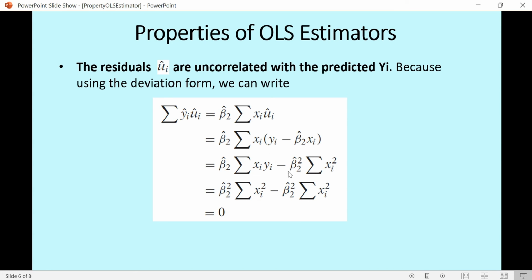Then we can also take out each part from this summation, and from this part, the beta 2 hat estimation form, we can fill in this form and we'll get beta 2 hat square times xi square. Then this difference will be 0, which means the correlation between y hat and ui hat is 0.